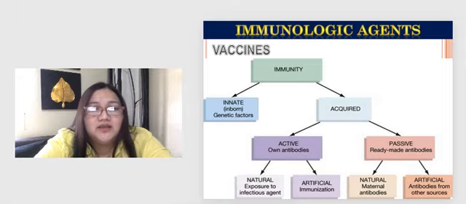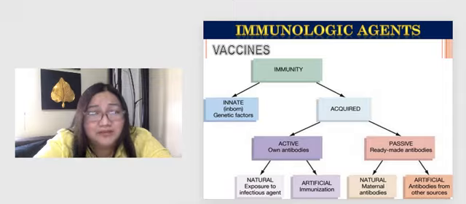Because still, the best manufacturers of antibodies are our own bodies. No machine can ever compare to how our bodies produce antibody. Pangalawa, they are very expensive because the antibody is machine processed. So, mas mahirap, mas matagal, mas mahal.